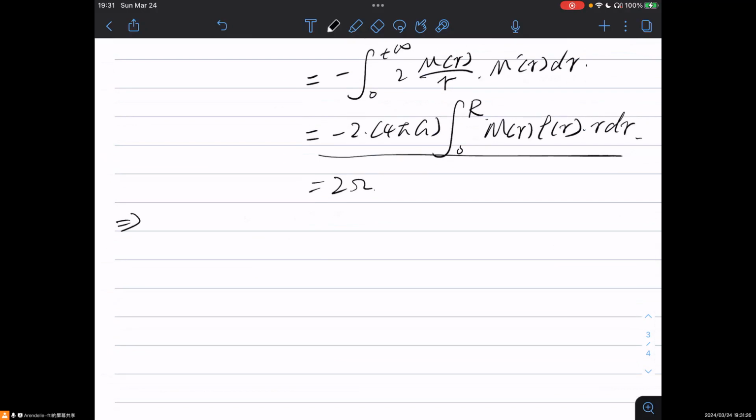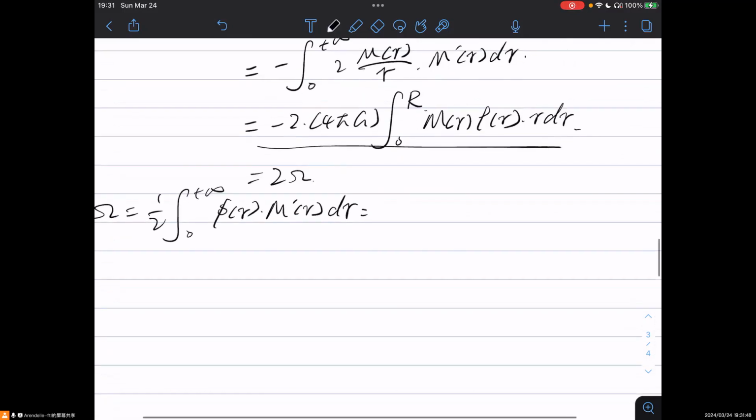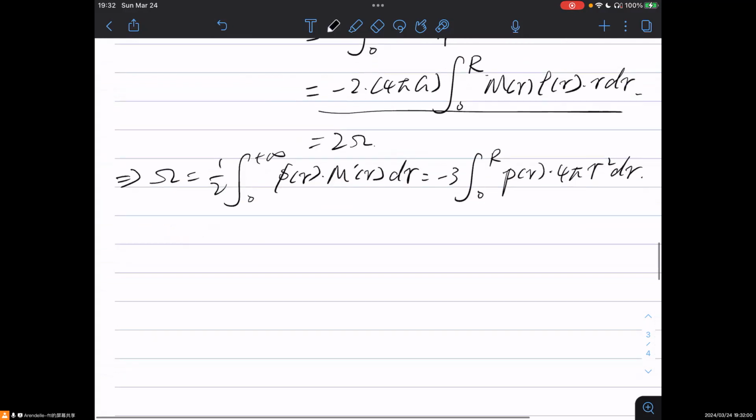Finally, we obtain that the gravitational potential energy of the star can be expressed as omega equals 1/2 integrate from 0 to infinity phi(r) times m prime(r) dr, which equals minus 3 times integrate from 0 to capital R p(r) times 4 pi r squared dr.